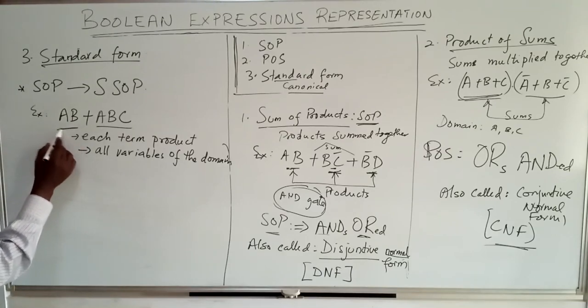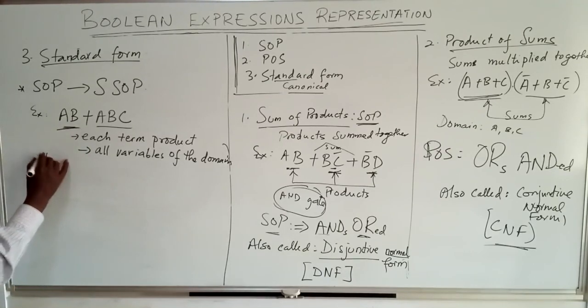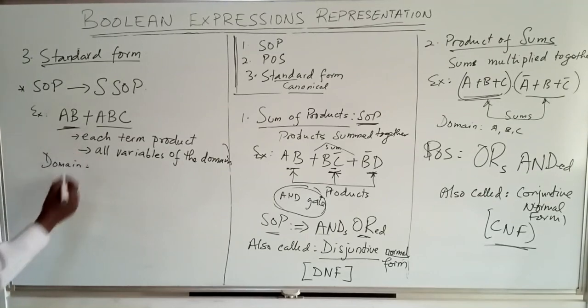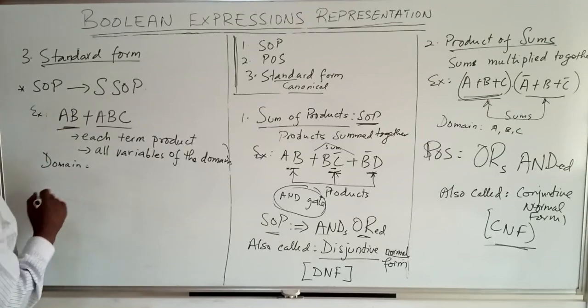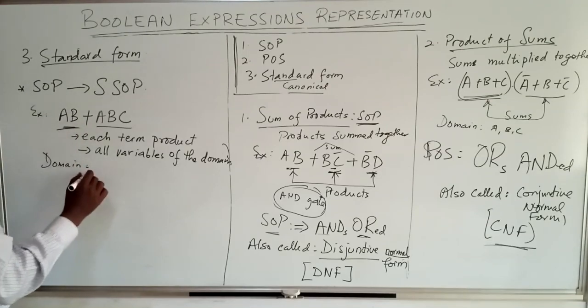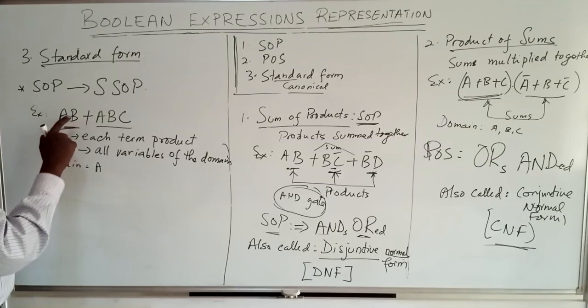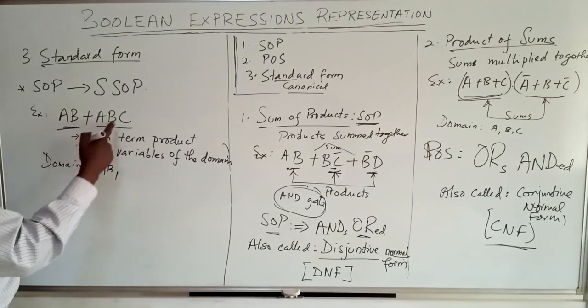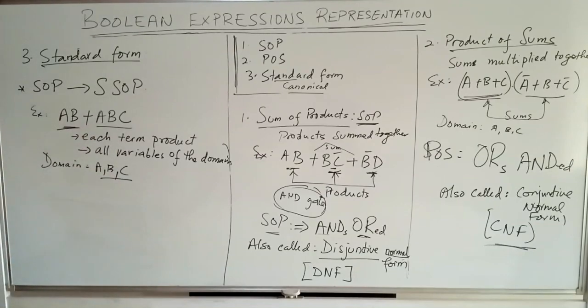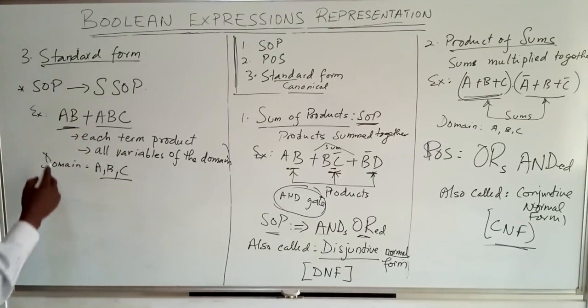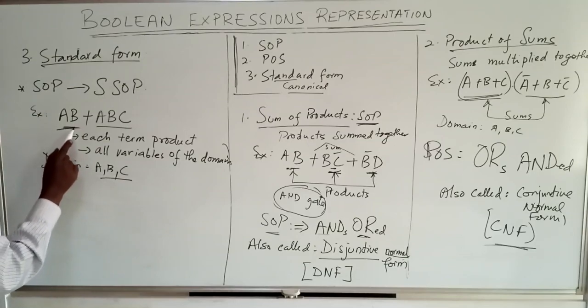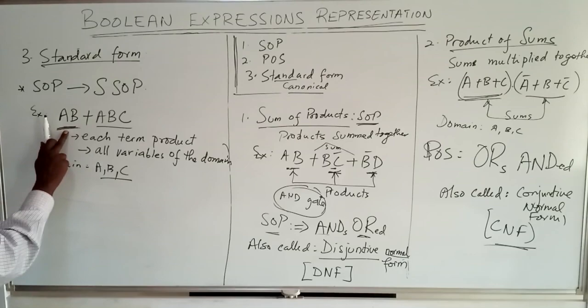So if you see now, A plus B, no, first of all, what is the domain? The domain, as we have said, is all variables contained in the expression, whether complemented or uncomplemented. The domain here is A, the first variable, B, the second variable, and C, the third variable. Looking at the domain A, B, C, when we look at the first product term, we are missing one variable.